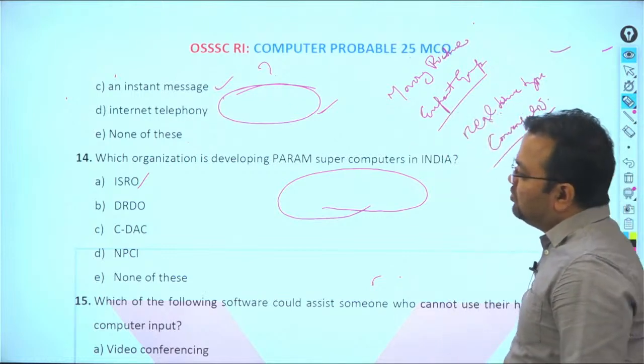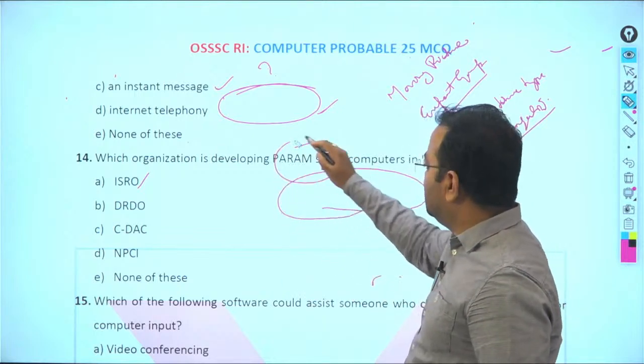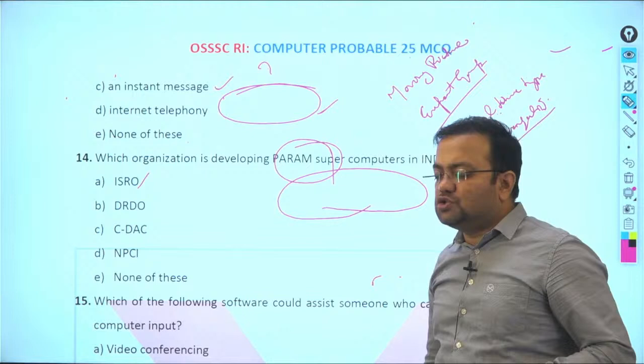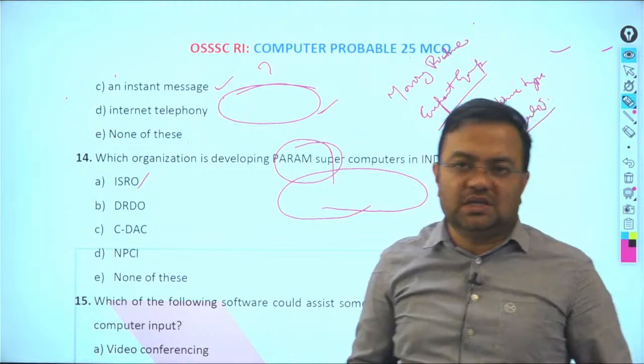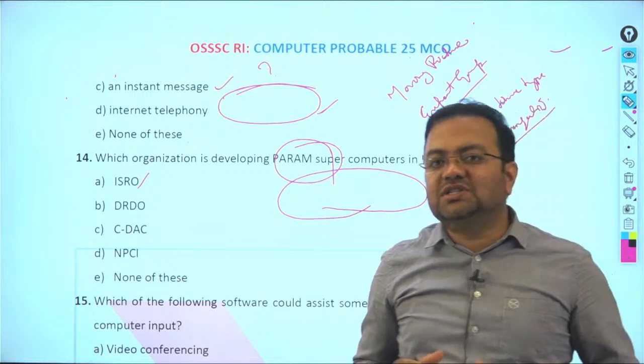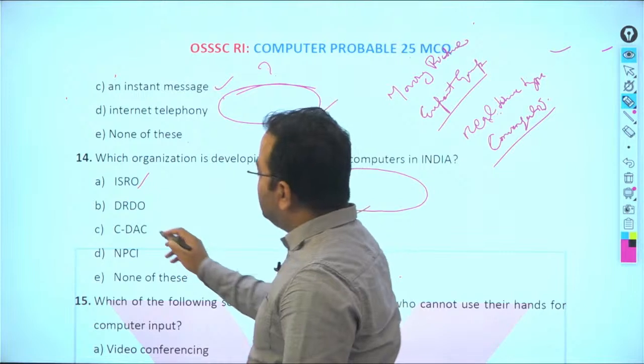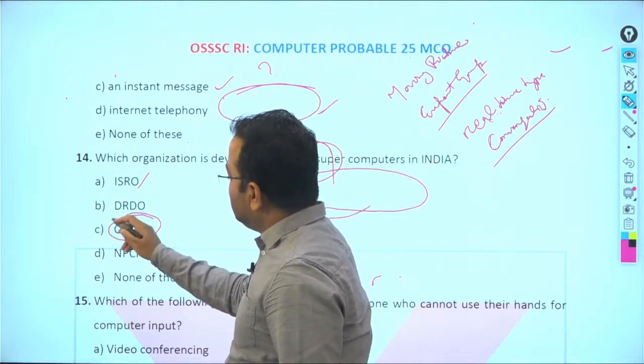Then goes to question number 14. Which organization developed Param version supercomputer? So students, Param version supercomputers belong to our nation India, and there is a central government institution which has designed this Param version supercomputer, and the company name is CDAC. Option is C, CDAC.